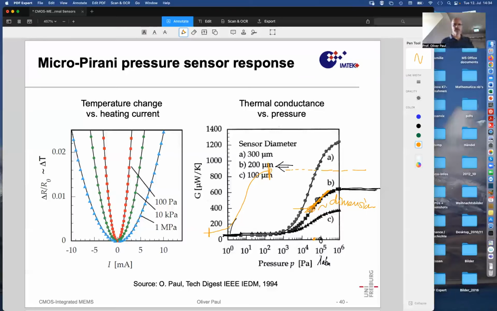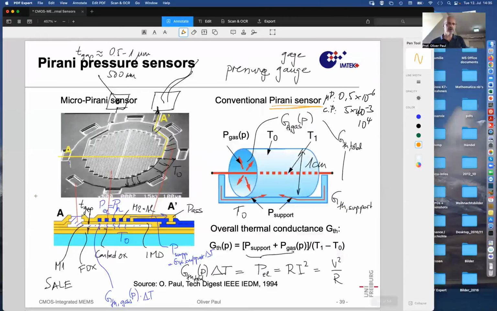My colleague Andreas Heberli and I designed a system. Actually, there is a second graph here that I can also show. So what you see here is the current, the resistance change of the sensor.